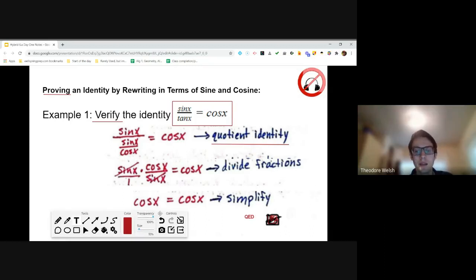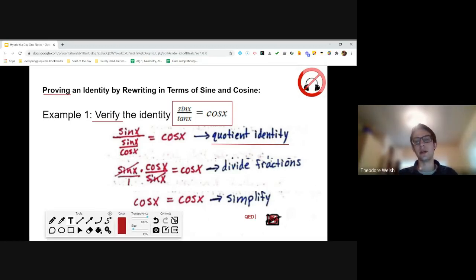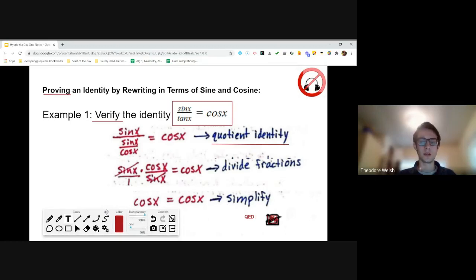I don't remember exactly what that phrase is, but we either draw that little box and color it in or write QED. That just means I'm done with my proof. There's nothing more for me to do. This is complete. It's kind of like a period on a sentence. So it's something that we want to make sure we write.